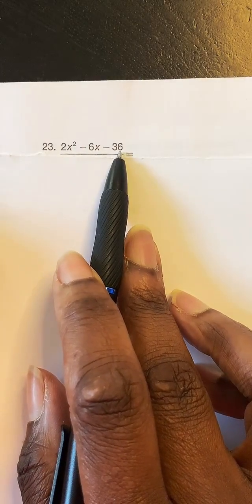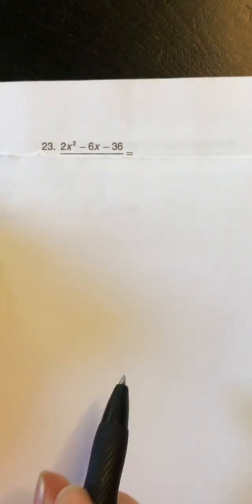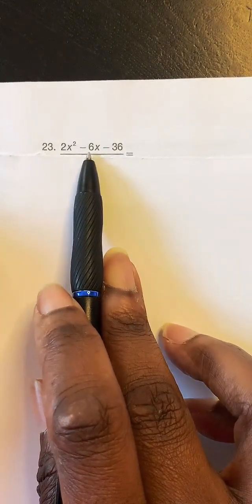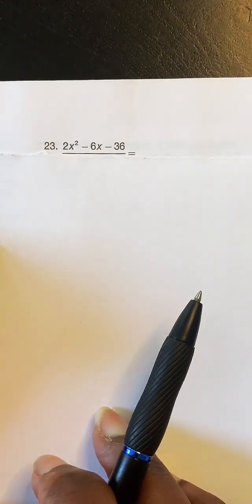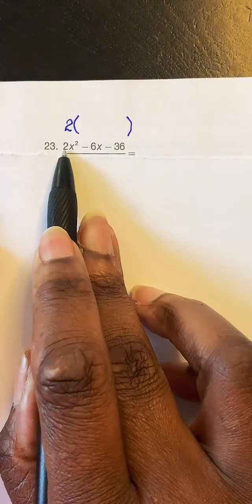When I factor, the very first question I should ask myself is, do I have a GCF? Do I have something in common? We have 2, we have 6, we have 36. So they all have at least a 2 in common. So if I factor out that 2, what remains is by me dividing.